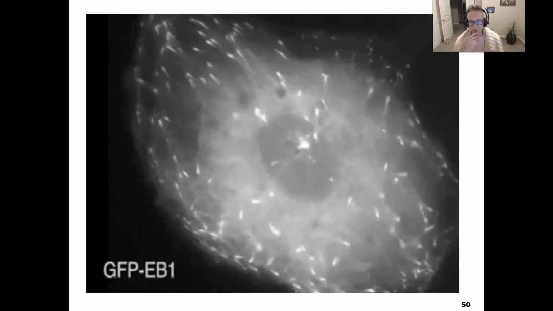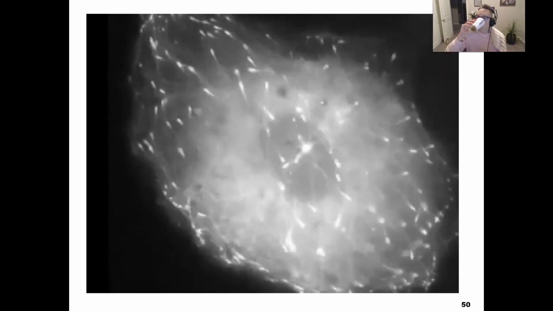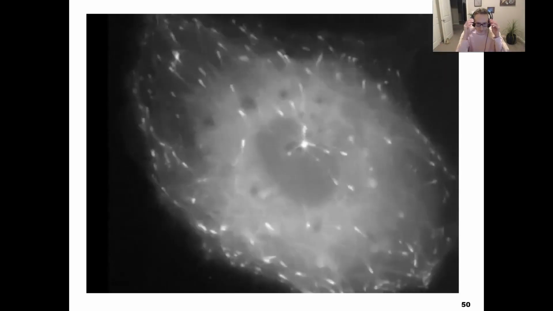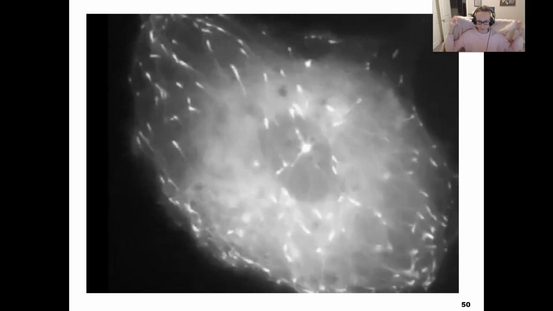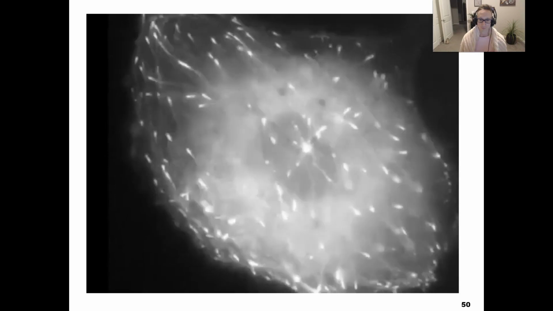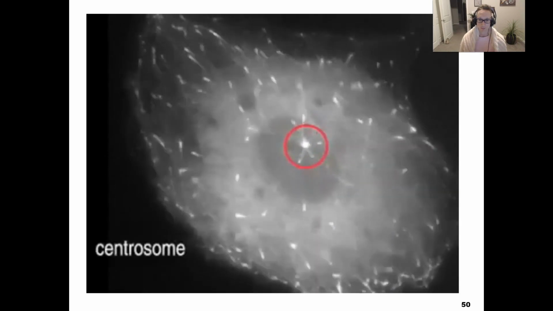Looks like fireworks. EB1 is a protein that binds to the GTP tubulin cap at the growing ends of microtubules. Cells expressing a GFP-EB1 fusion protein reveal the spectacular dynamics of the microtubule cytoskeleton. Note that many, but not all, microtubules in this cell grow from the centrosome.